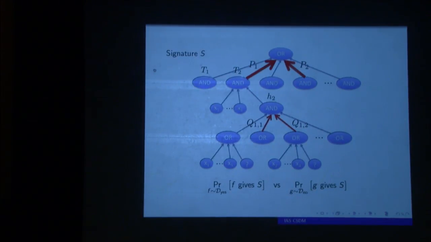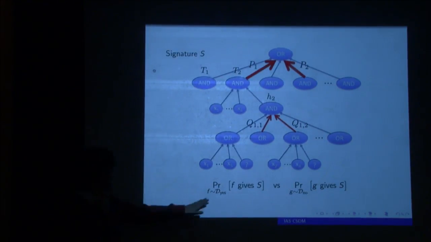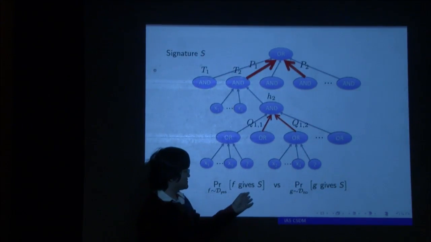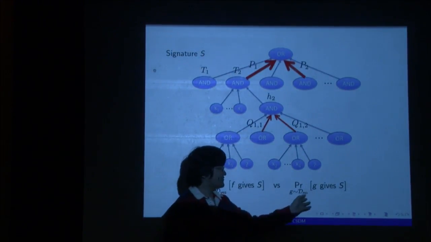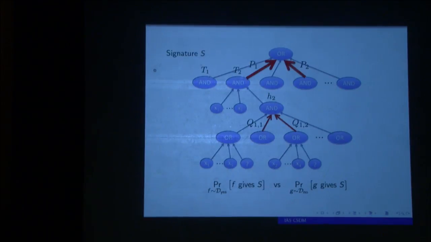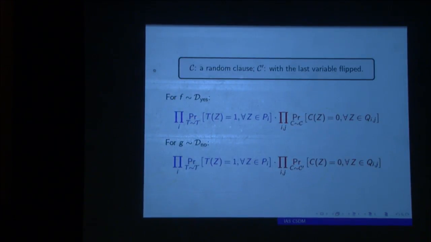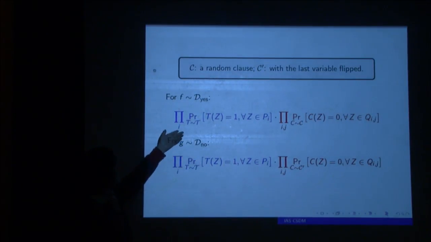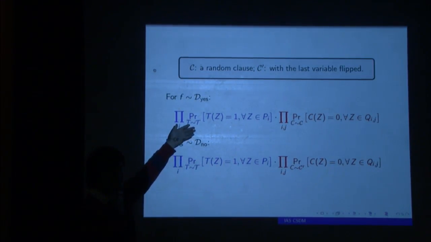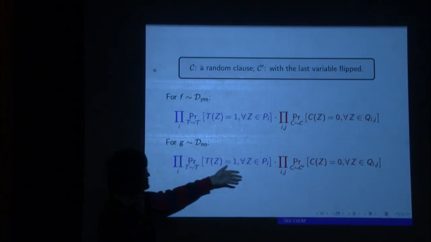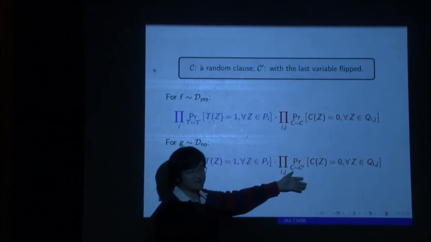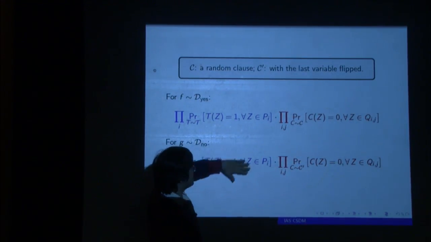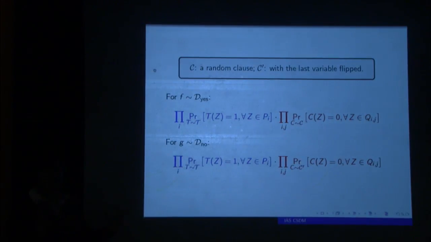Okay? And again, we're interested in the two probabilities. We get this table for the yes case, and we get this table for the no case. And if you write it down, it's really just these probabilities. This is one probability for each term, for each Pi. This is one probability for each Qij. And the blue part will cancel out because the first level, the two sides are really the same.